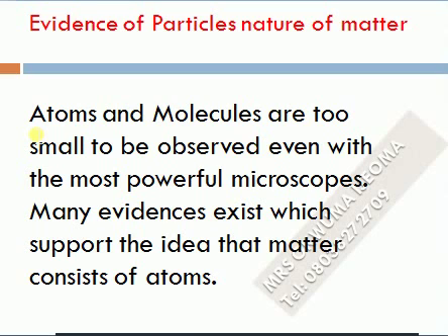Atoms and molecules we are talking about are too small to be observed even with the most powerful microscope. We have many evidences that support the idea of matter consisting of atoms. Now we look at these evidences.